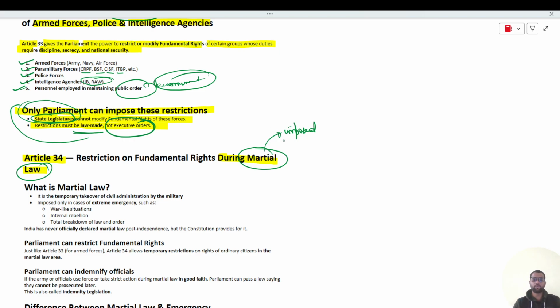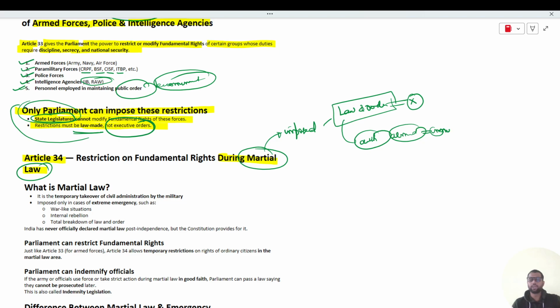So martial law will be imposed. When martial law is imposed, it means the law and order is violated to a very bad extent, to the extreme. Now, when martial law is enforced, the authority, mainly the armed forces, are given immunity.